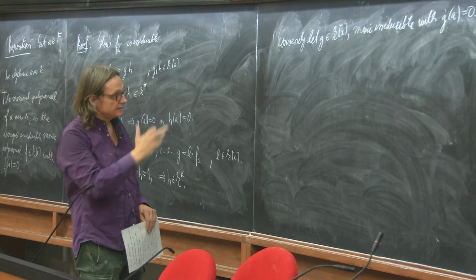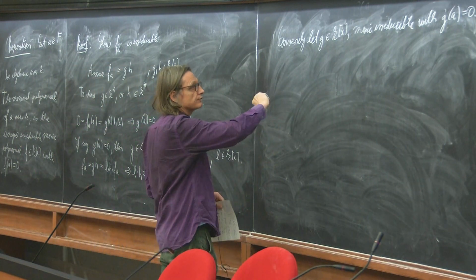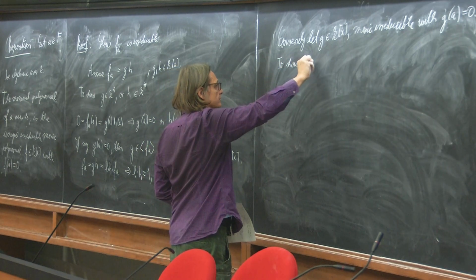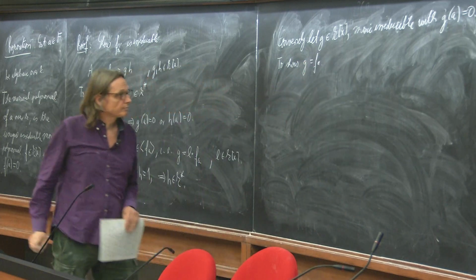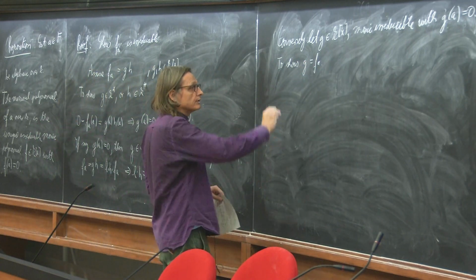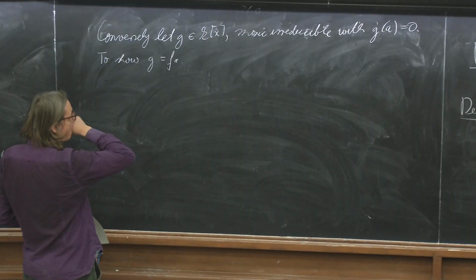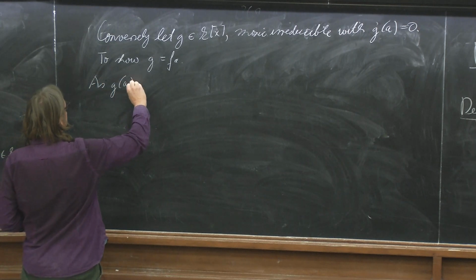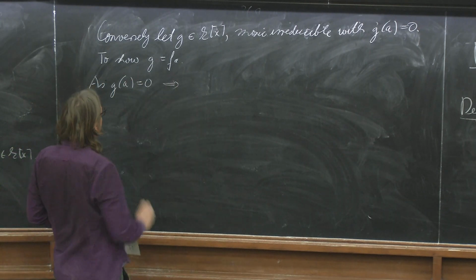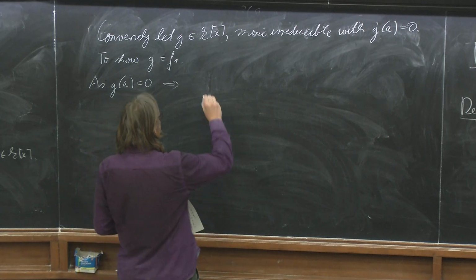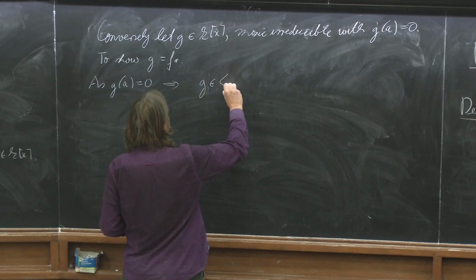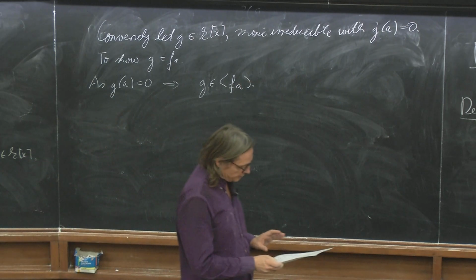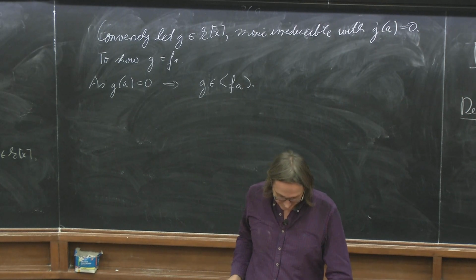We ought to show that g is equal to f_A. As g(A) is equal to 0, it follows that g is an element in the ideal generated by f_A, because after all, f_A generates the ideal of all polynomials which vanish at A.